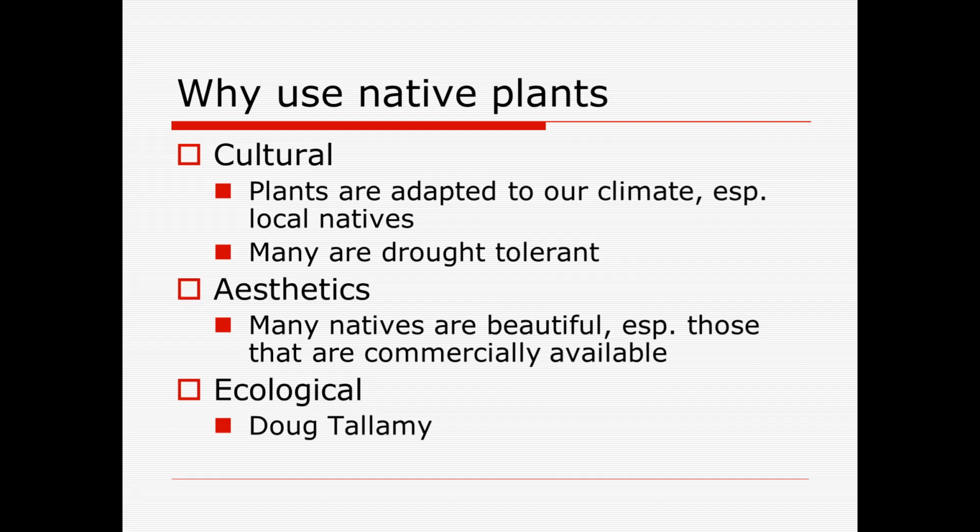Lawns, I gotta say, they have their place. They are a bit of an ecological null. The only native animal that seems to take great advantage of our lawns are pocket gophers, which is not a good thing. I have a little bit of front lawn because my deer herd loves it.